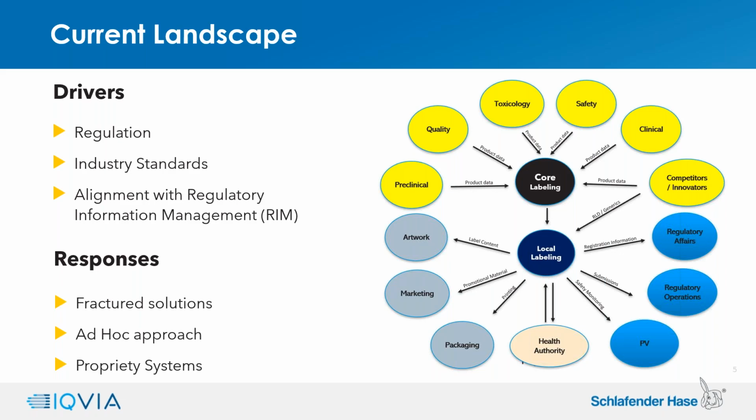We saw more of a fractured approach where the technology already existed and companies, in their need to respond to labeling requirements, started essentially manipulating these RIM solutions and creating these RIM Frankensteins that met specific needs for labeling.